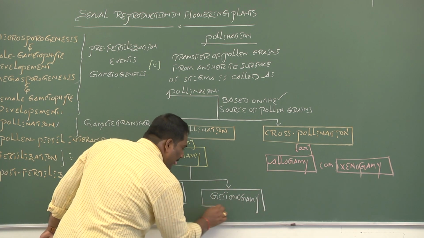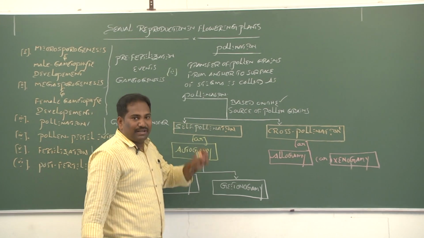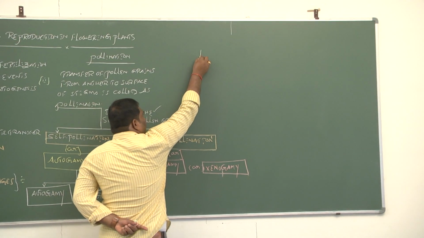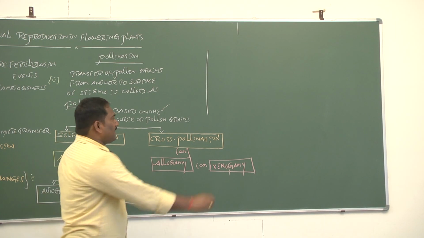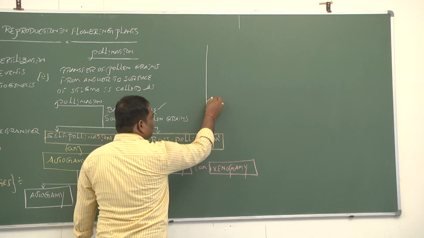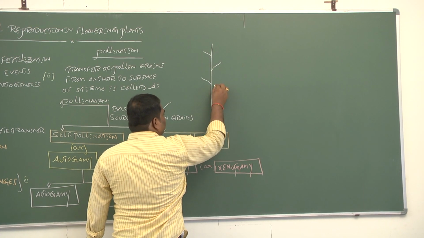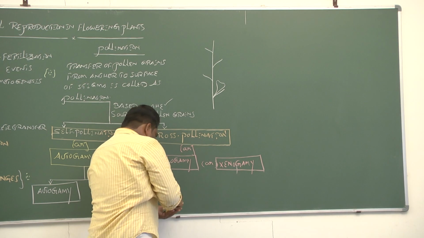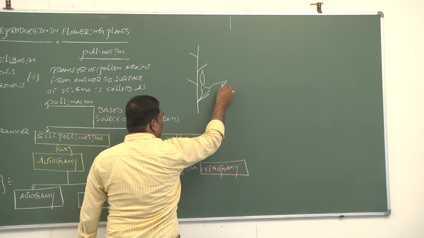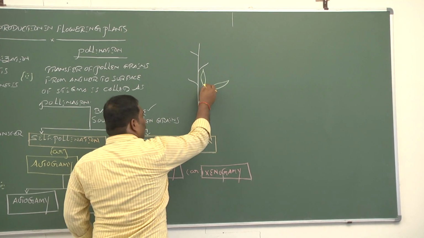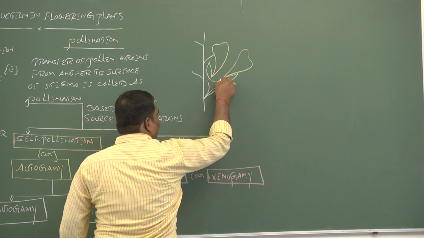Autogamy means, for example, according to a diagrammatic presentation, this is one angiospermic plant, or flowering plant. This is the flower. In the flower, the outermost whorl is calyx, also called sepals. The second whorl is corolla, also called petals.